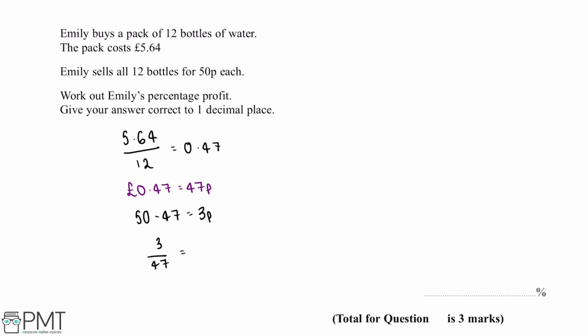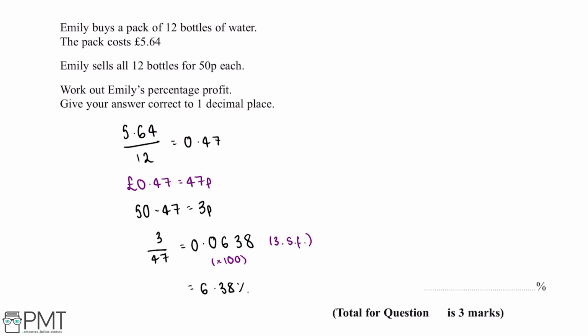And this will give us an answer of 0.0638 to 3 significant figures. Now as we can see, this answer is being given in a decimal. So in order to make it a percentage, we're going to want to multiply it by 100. And this will give us a final answer of 6.38%.